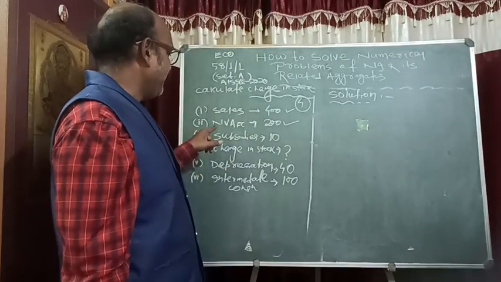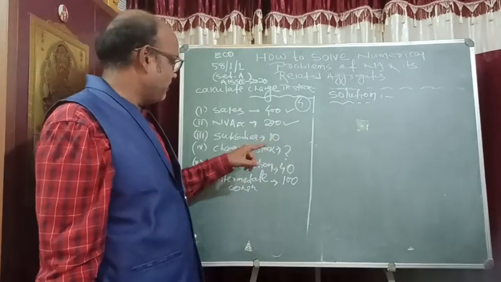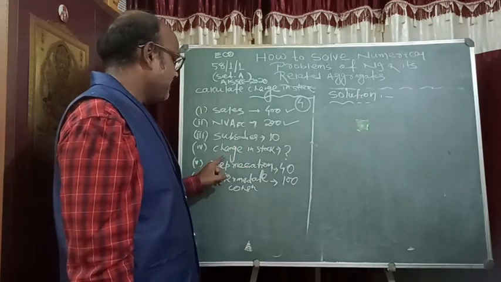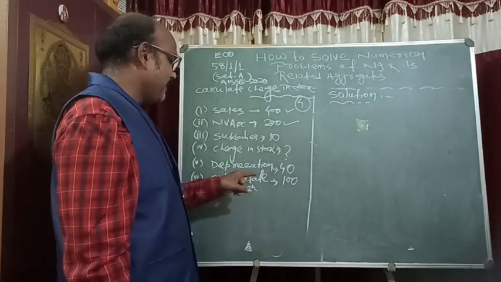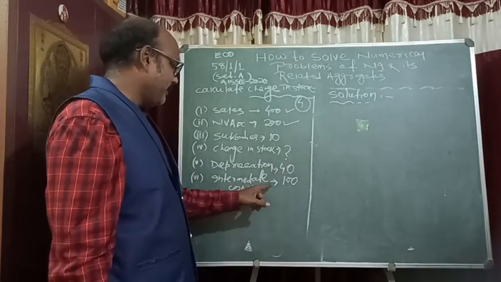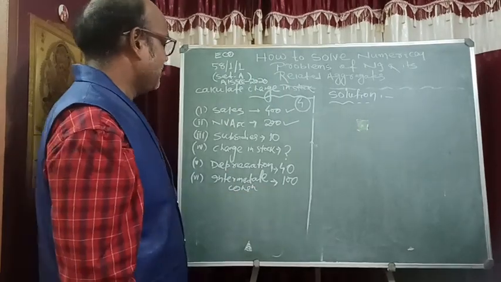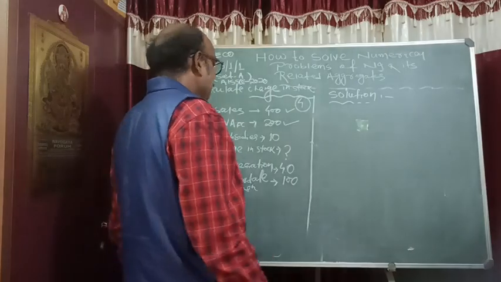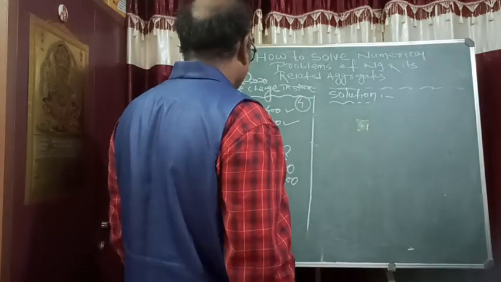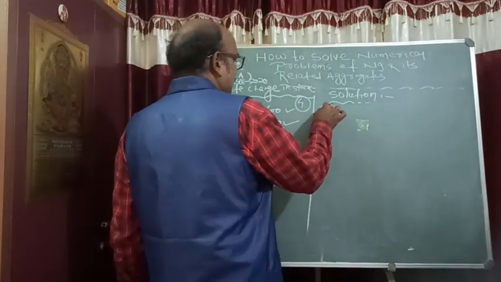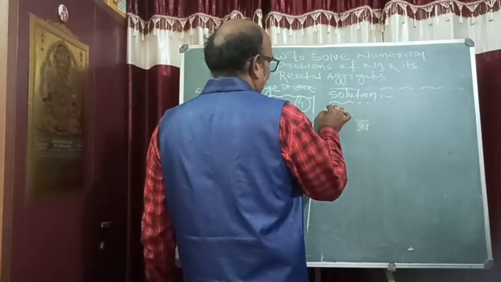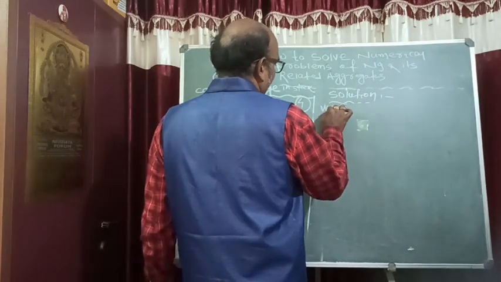Sales 400, NVFC 200, subsidy 10, change in stock is not given, depreciation is 40, intermediate consumption is 100. Solution. So how to solve? So first we have to calculate the value of output?